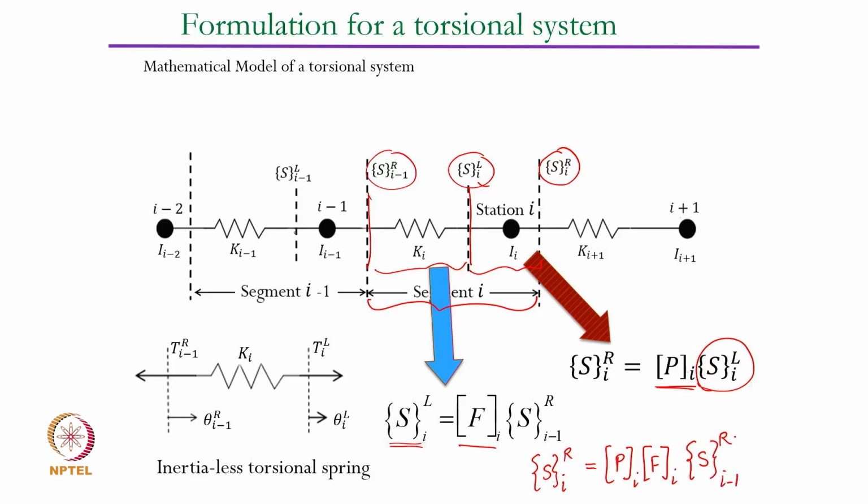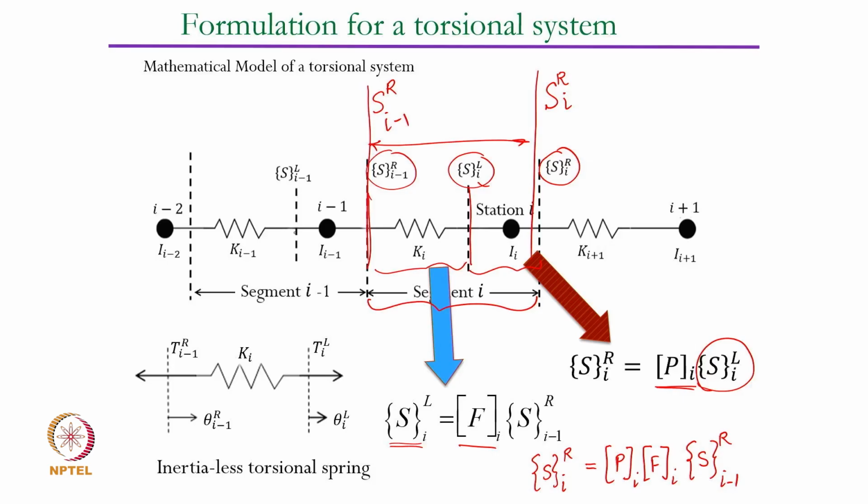So SRI related to SRI minus 1. So the entire segment is now related through the end state vectors. This is what I have.